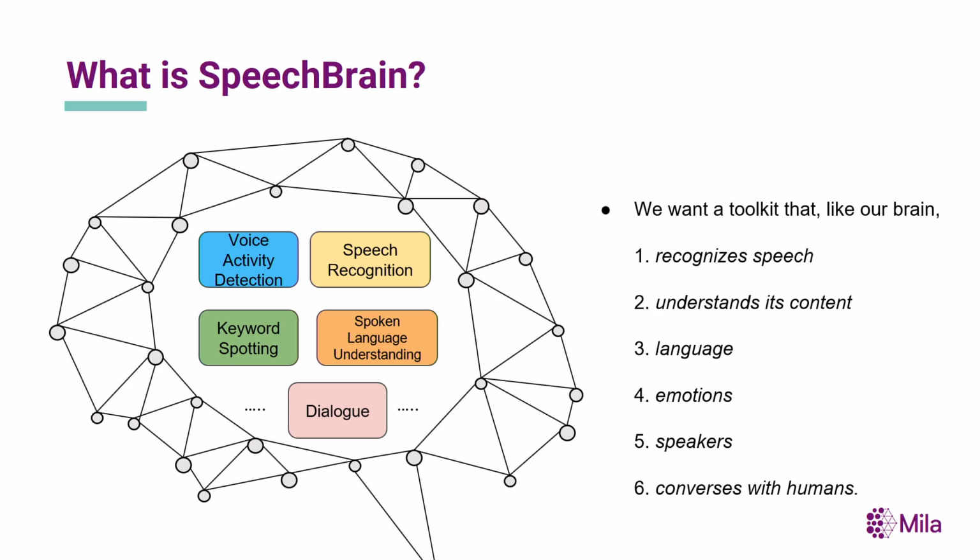Ideally, what we want out of this project is to build a toolkit that, just like our brain, is able to recognize speech, understand its content, understand some meta information regarding the speech, like the language, the emotion, the speaker identities, and finally enable a conversation with humans which is more natural than what we can do today.